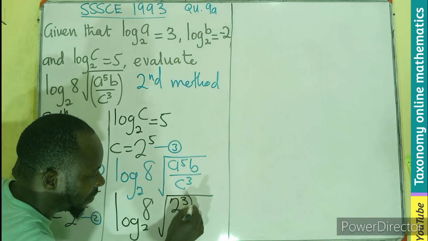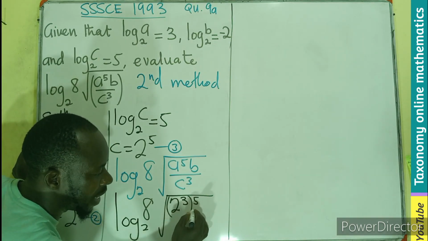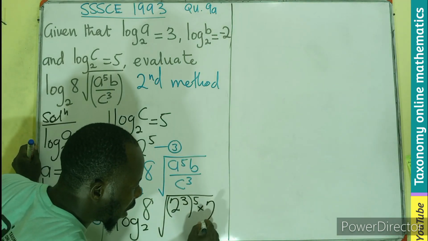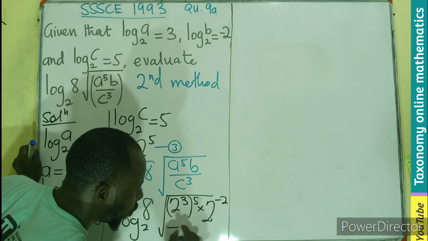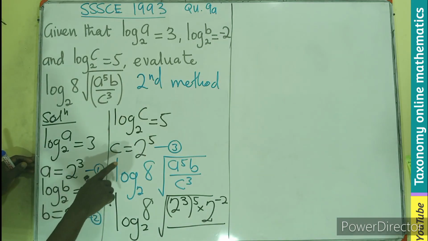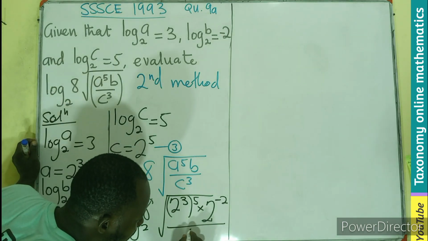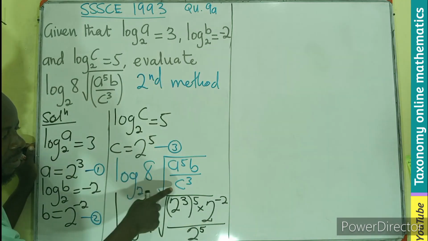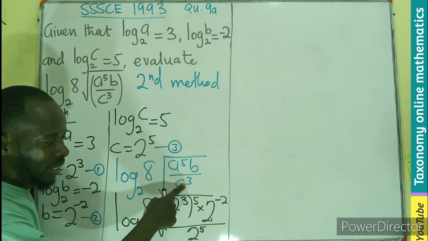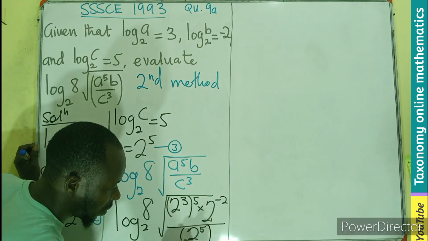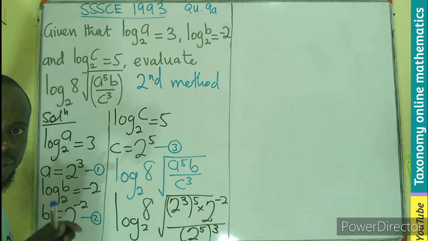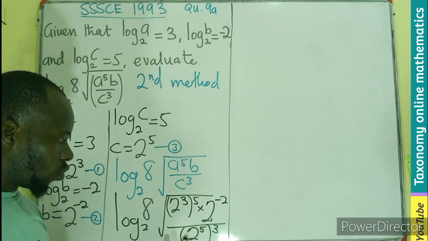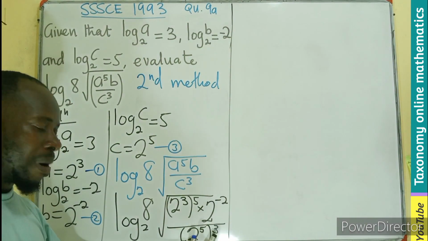But there's already a 5 there as an exponent, so we indicate times B. Where is B? 2 exponent negative 2, divided by C, which is 2 exponent 5. But the C has a power of 3, so this will also have a power of 3. This is 2 exponent 5 raised to the power 3.